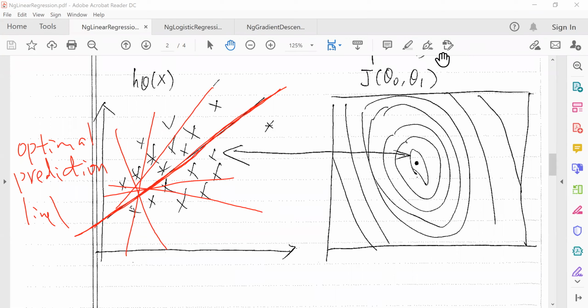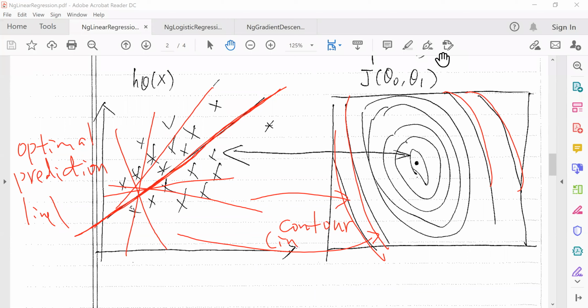All of those are represented in the cost function, each of them regarding those contours in the cost function. And our goal is to find this optimal point.